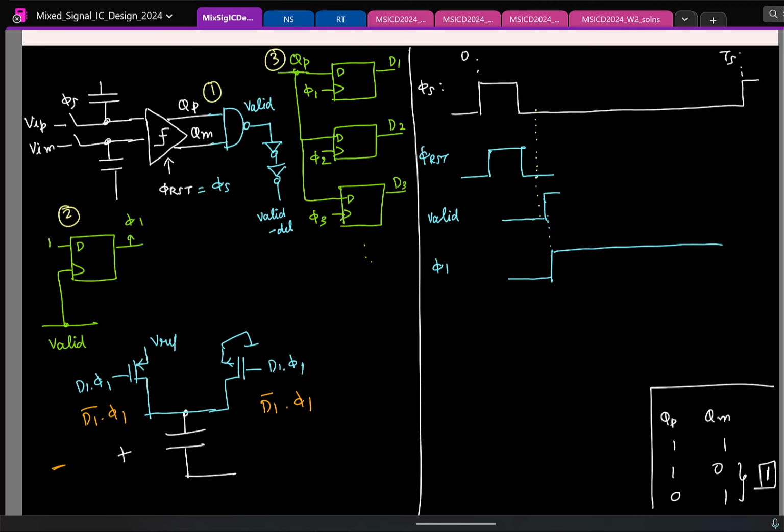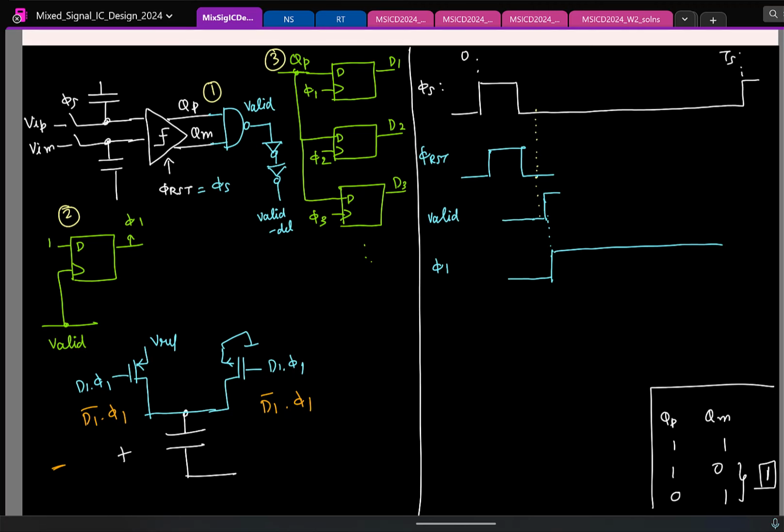So what we are doing is this: once the comparison is done, valid goes high. Now we are giving some time. This time is basically the delay of the NAND gate and the delay of the buffers you have. After that time, you go and reset the comparator so that you start the next comparison. This is how we are self-timing it.